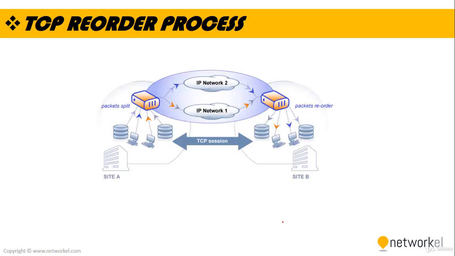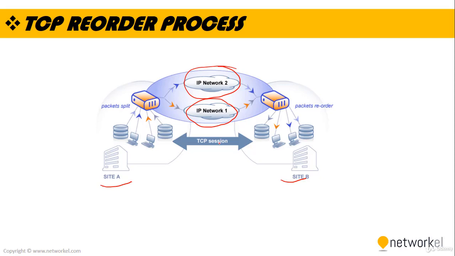Let's talk about the TCP reorder process right now. If you want to send a packet from site A to site B, as you can see in here, you have two different networks, IP network 1 and IP network 2. When packets are being sent, segments may split to different paths.